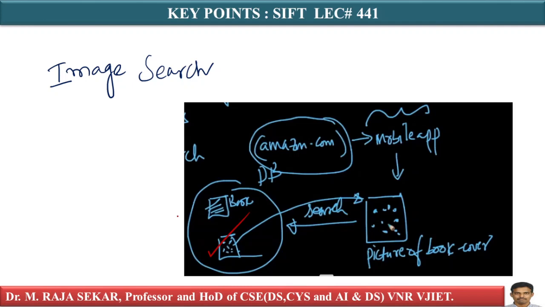You go to the Amazon.com mobile app, there is a search button using a photograph. It uses a variation of SIFT, not exactly SIFT itself, because SIFT has some computational issues. It is too slow. It takes too much time to compute.